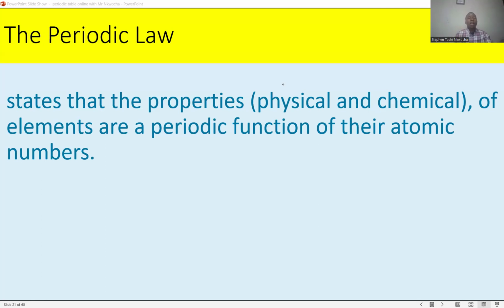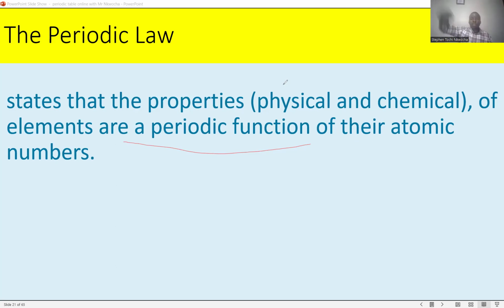So it says that the properties, so we have physical properties and chemical properties. Look at this chemistry over there. It says the periodic. Since you guys are all science students, periodic properties. You've heard of a simple pendulum, right? You swing to the left, the pendulum bob goes up and comes back.